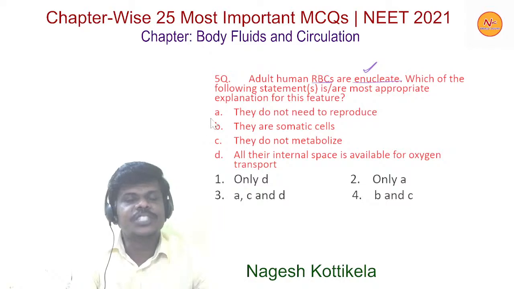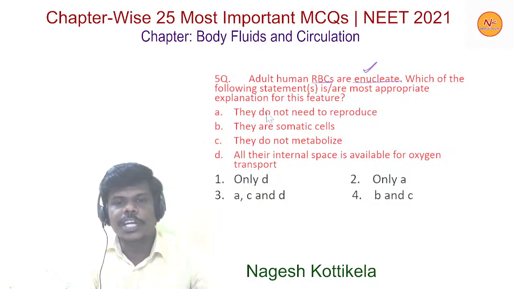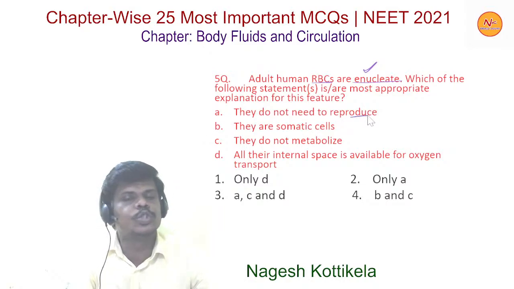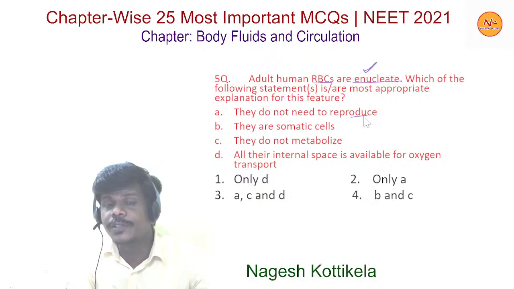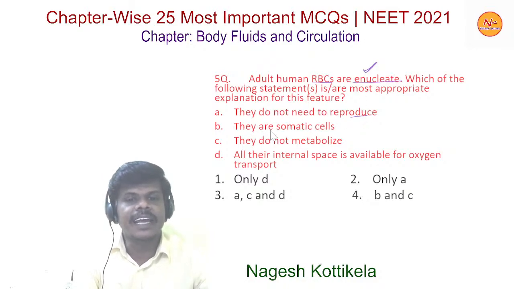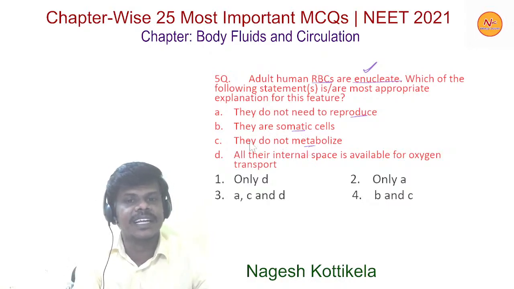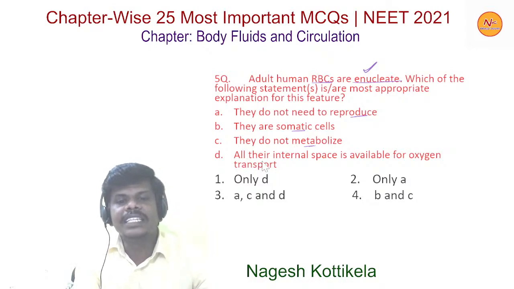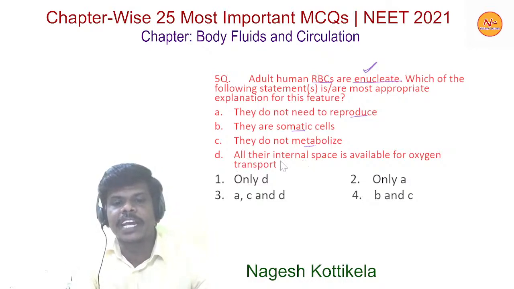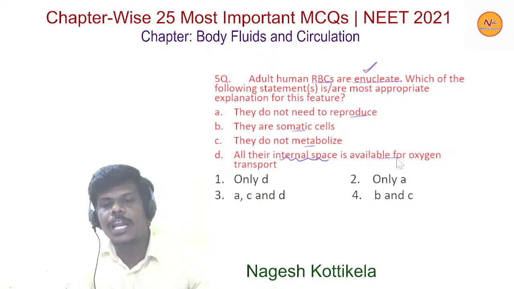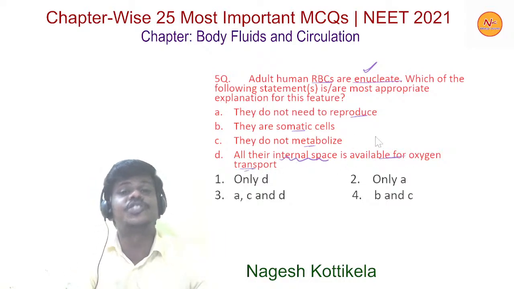Here statements like A, they do not need to reproduce. Is this the purpose? Option B, they are somatic cells. Option C, they do not metabolize. Option D, all their internal space is available for oxygen transport.